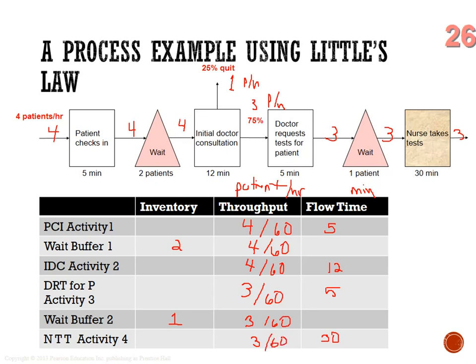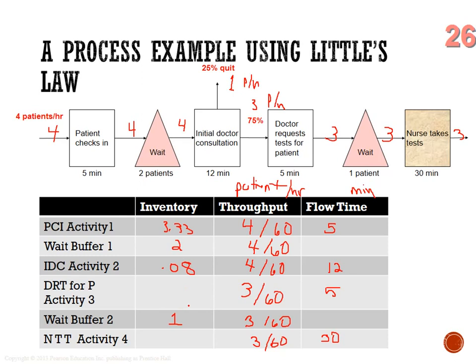Chelsea, do you have a calculator handy? So inventory is equal to throughput times flow time. So 4 divided by 60 times 5? 3.33. Okay. 4 divided by 60 times 12. 0.08.